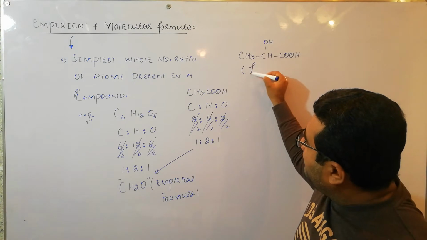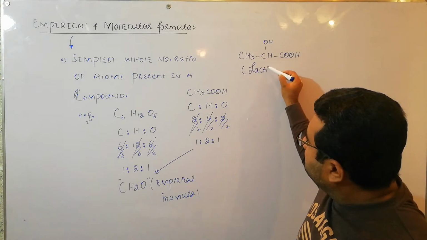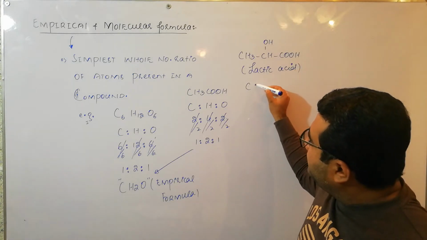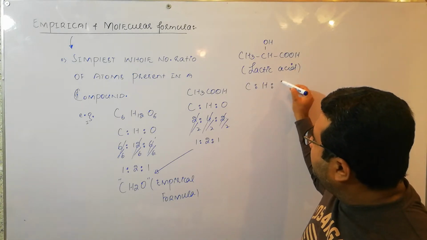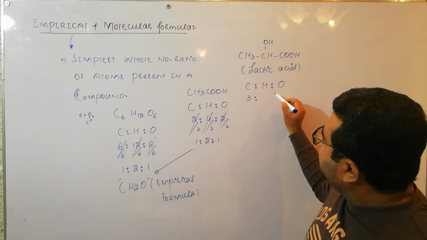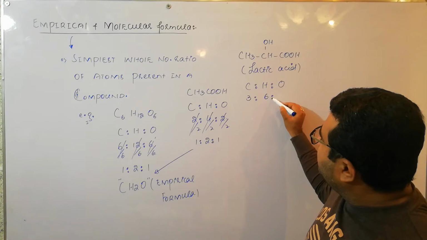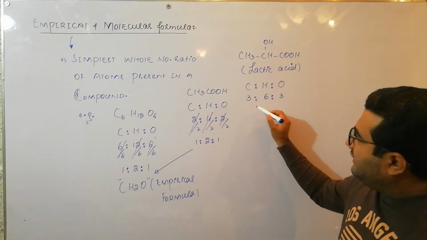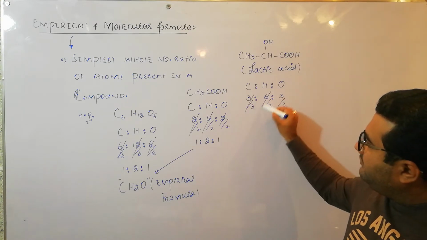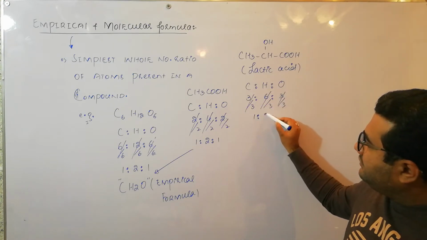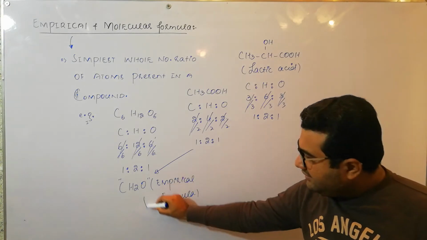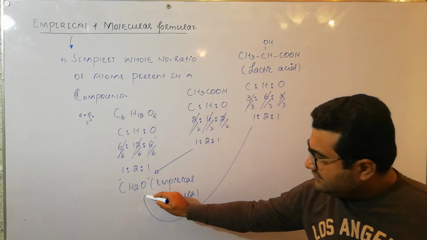Let us take another example, this one is the formula of lactic acid. The ratio between carbon, hydrogen and oxygen is 3 ratio 6 ratio 3. If it is simplified, it will become 1 ratio 2 ratio 1, and its empirical formula will also be CH2O.